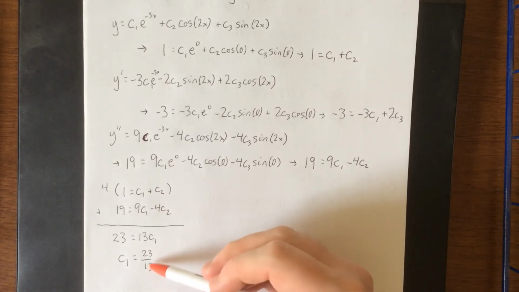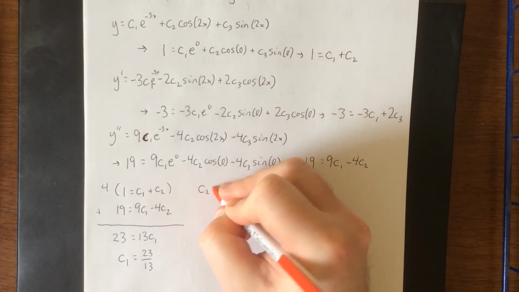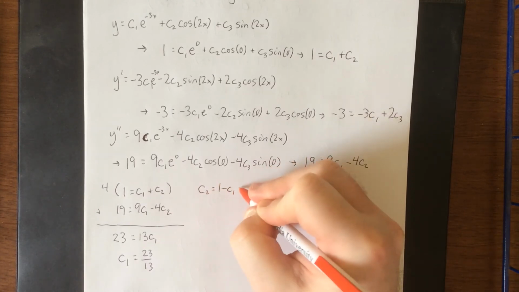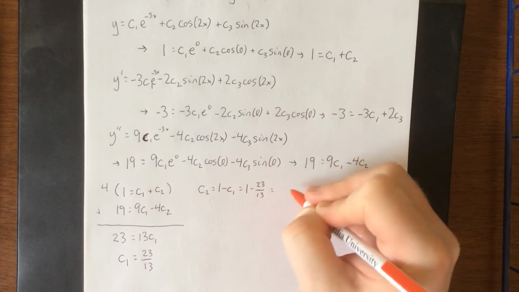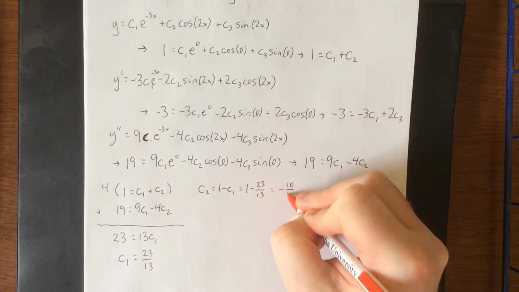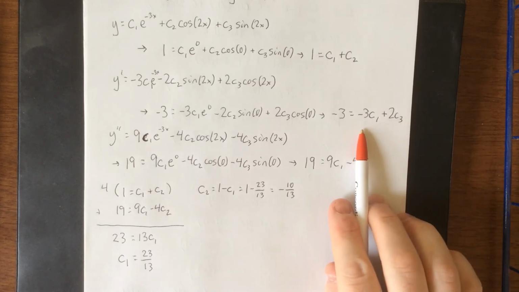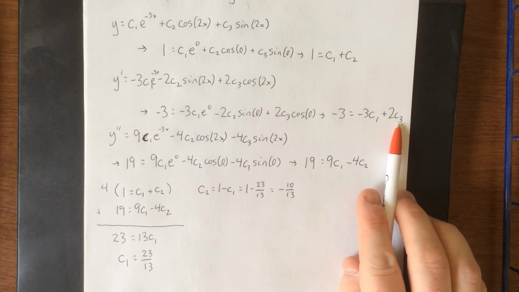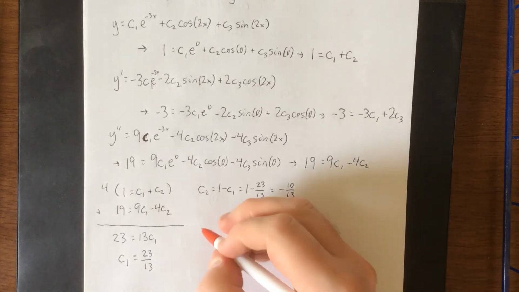I can then take this value for c1, plug it back into the first equation. Solving for c2, we get 1 minus c1, so 1 minus 23 over 13, which will give us negative 10 over 13, once you establish a common denominator. Then I can take our second equation from back up here, solve this for c3, and plug in the value of c1 to get our value for c3.